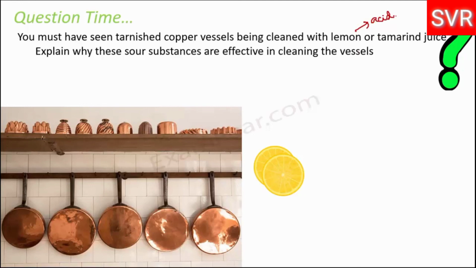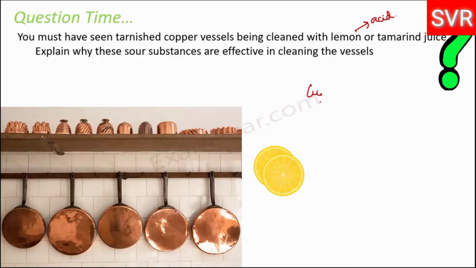But that doesn't answer the question. Why is it that the acid is able to clean the vessel so nicely? In order to understand that, first we will have to understand why this vessel gets tarnished. This vessel is made up of copper, and copper is a shiny metal. So when you buy a new copper vessel, you would see a very good shine on it, as you see in the picture here.